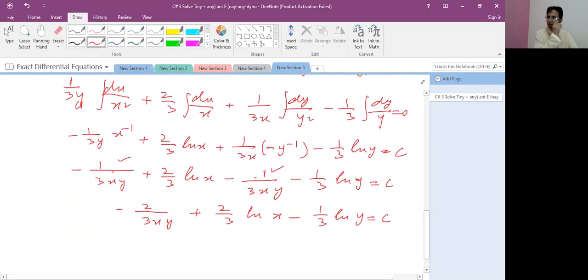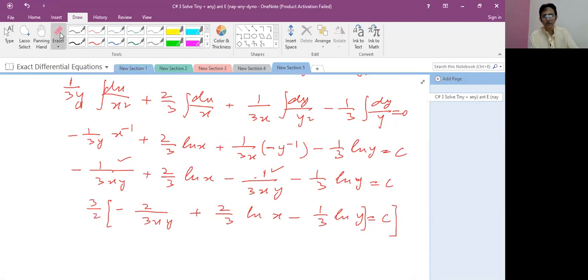If we multiply the whole equation, student, by 3 by 2, because it is constant, so further it should be simplified. Minus 2 cancels out from 2.